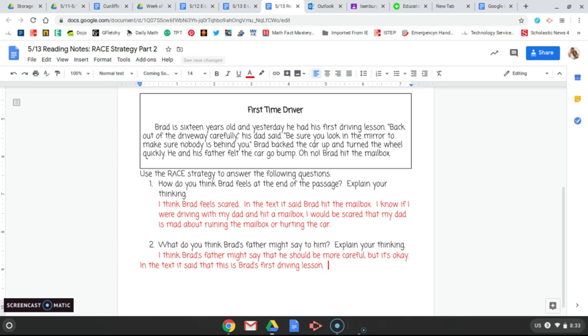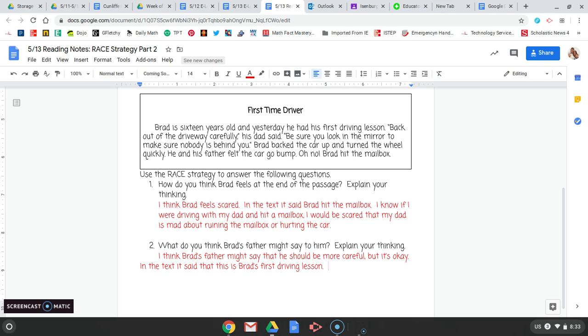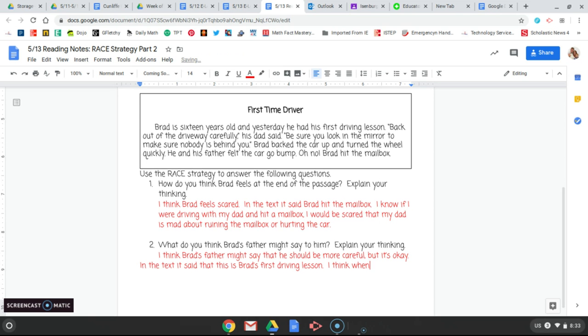So now I need to explain how Brad having his first driving lesson would prove that his dad would tell him to be more careful, but then tell him it's okay. So I'm going to say, I think when you are driving for the first time, if you made a mistake, your parents wouldn't be mad because you're new to it.